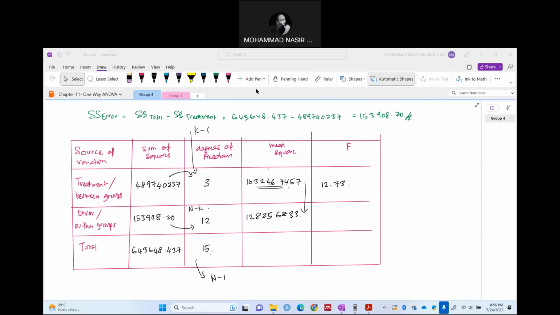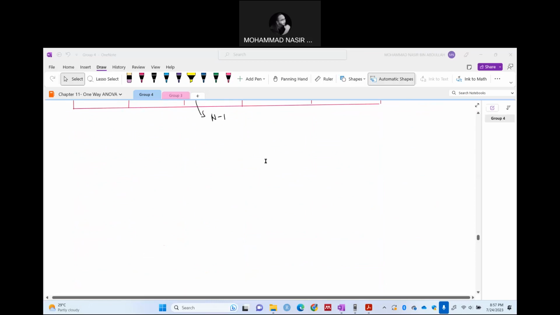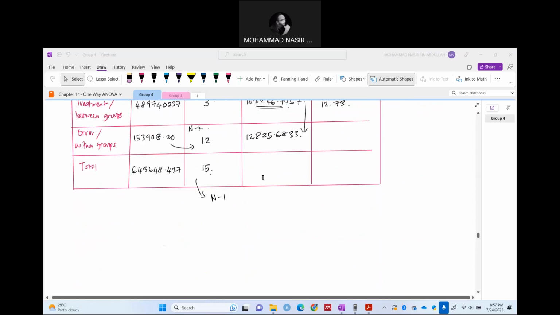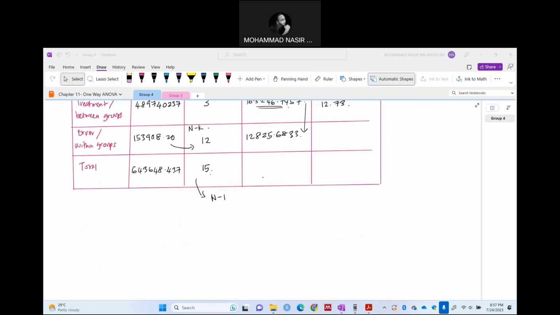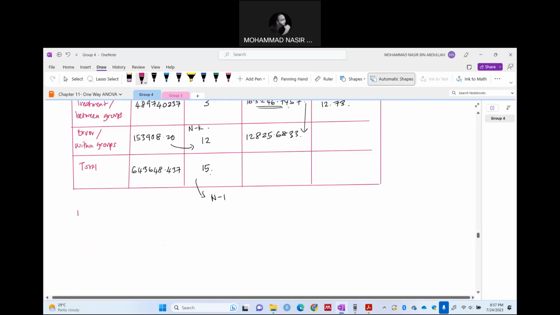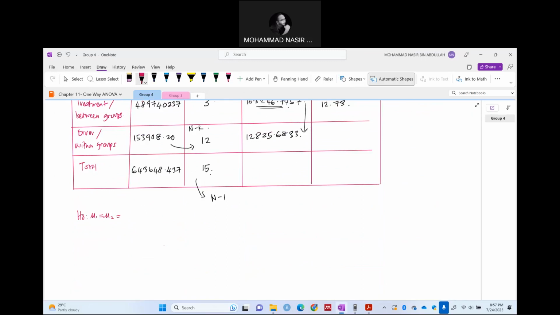So now, next step is we want to test the hypothesis whether the treatment has significant difference or no significant difference. So null hypothesis, mu1 equal to mu2 equal to mu3 equal to mu4, right?